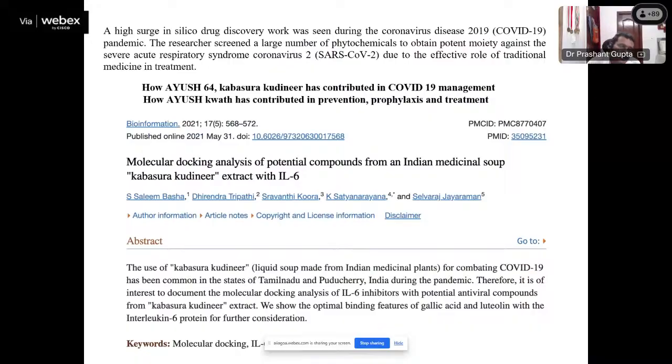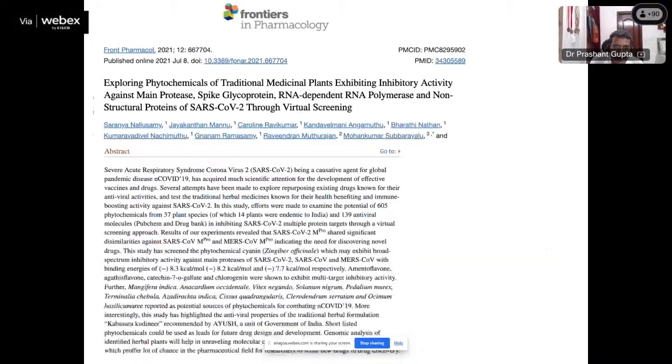This molecular docking is a computational work, and it was published in Bioinformation, a very reputed journal, where they say that if we use Kabasura Kudineer, we can prevent the cytokine storm. The IL-6 inhibition is done by Kabasura Kudineer. It was a computational work.